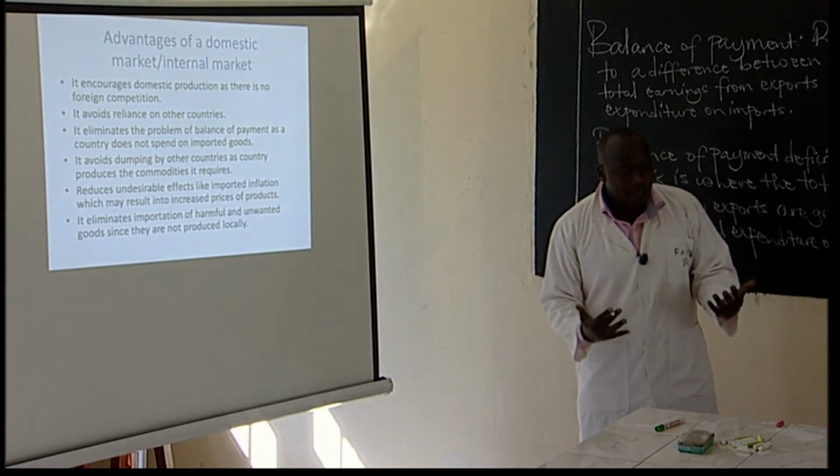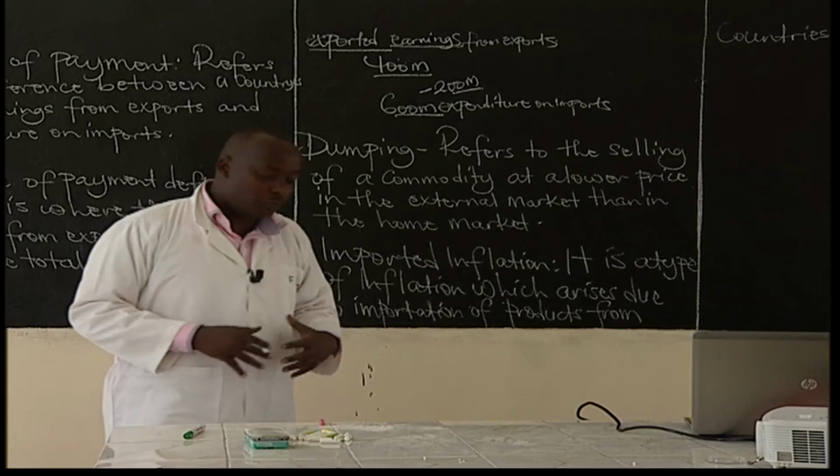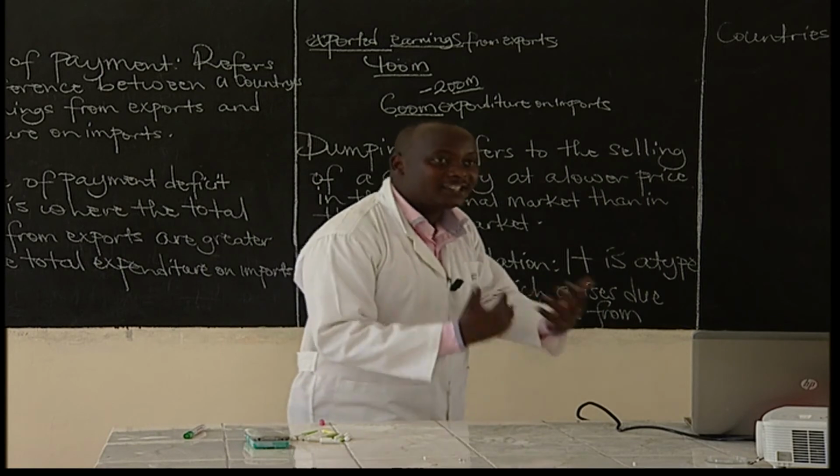Now, if a country complies with standards and it does not trade with other countries, this reduces importation of harmful goods. If a country is trading with other countries, like in a regional market, and there are countries which don't comply with standards, a country may import harmful products which may affect the health of the citizens.